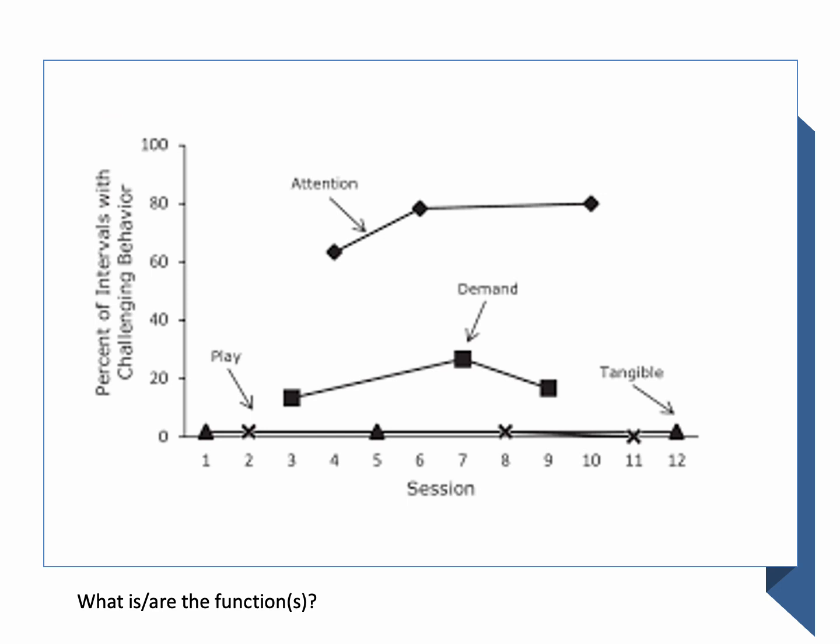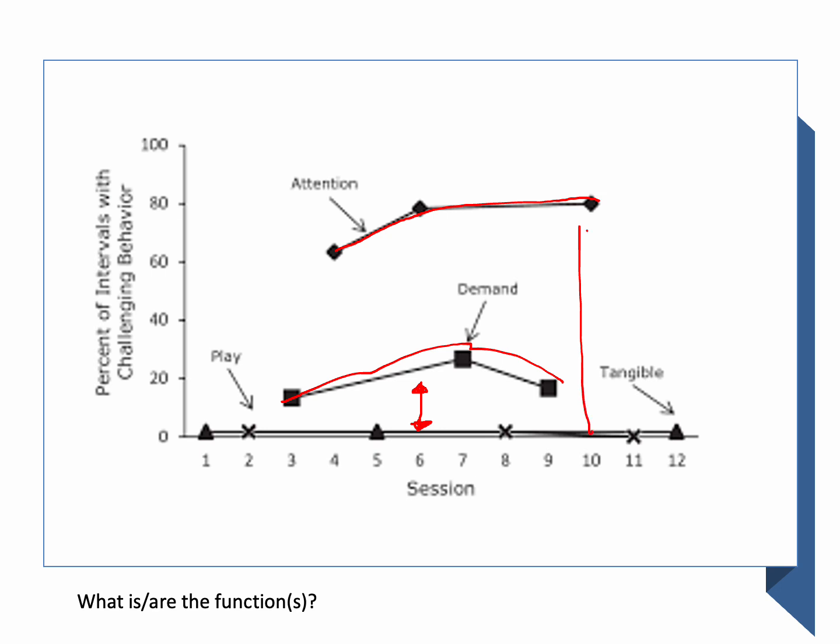And actually, before I finish, let me just emphasize the reason that I know that escape from demands is a controlling variable here is because look at the separation between the demand condition and the other conditions, right? There's a clear distinction. We could see that the behavior occurs consistently. That's the key here, consistently in all of the demand sessions, and the behavior occurs consistently in all of the attention sessions.